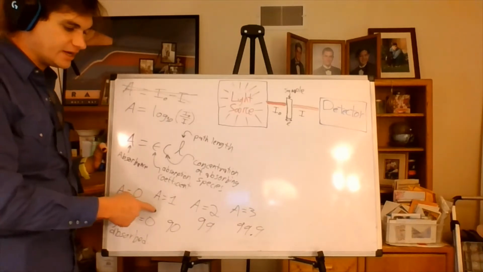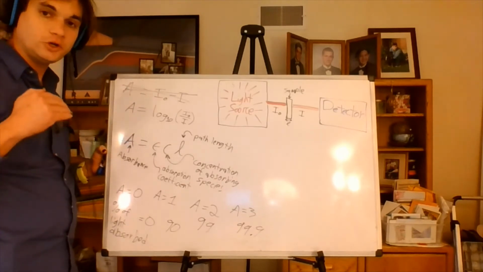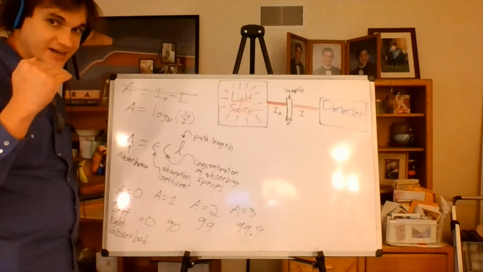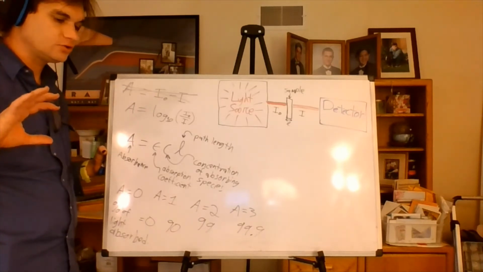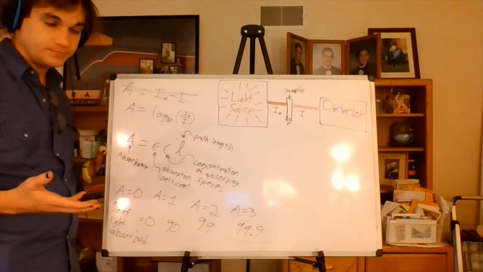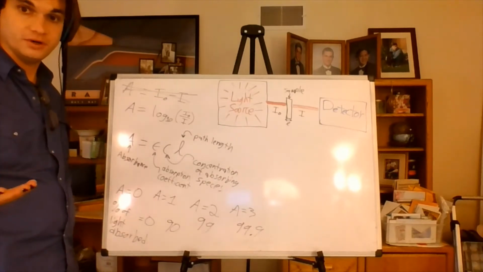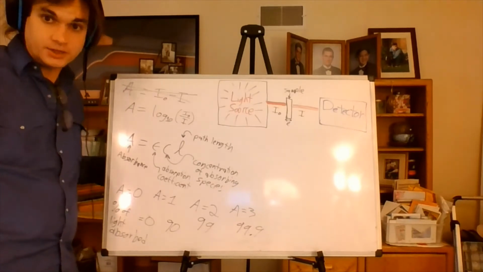But this is something that we have to take into account, because once we get close to the limit of the detector, we start to not be able to trust the data that we get out of it. Because if we go above the absorbance limit, then we don't know what the actual absorbance is, do we?